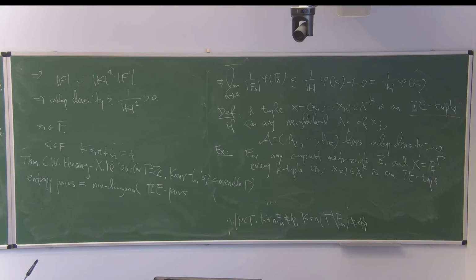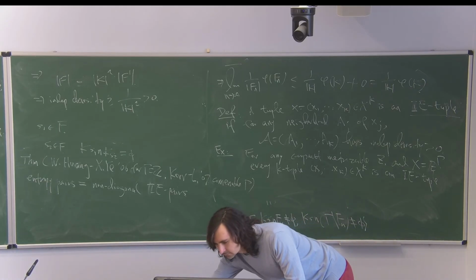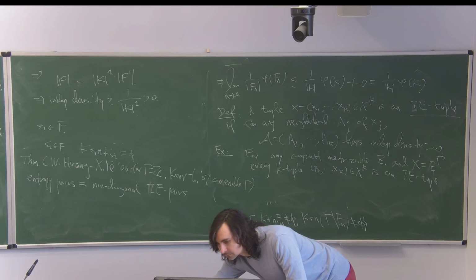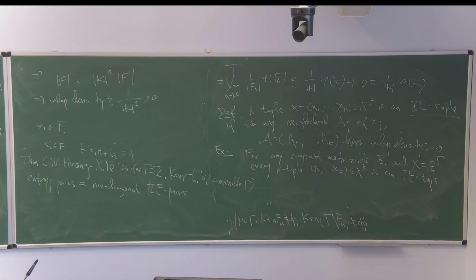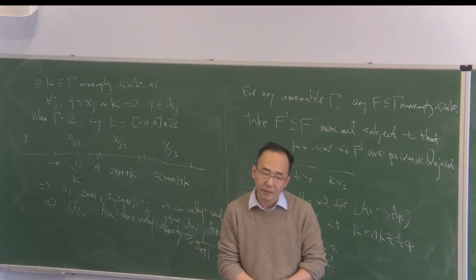Any questions? So if we take a pair which is an entropy pair and also an IE pair, is there a relation between the independence density as a number and the topological entropy of the covers associated to the pair?